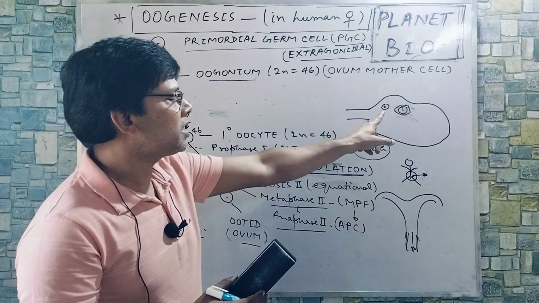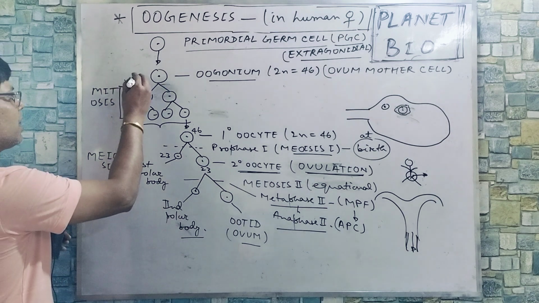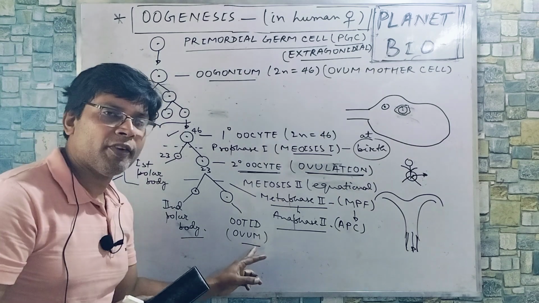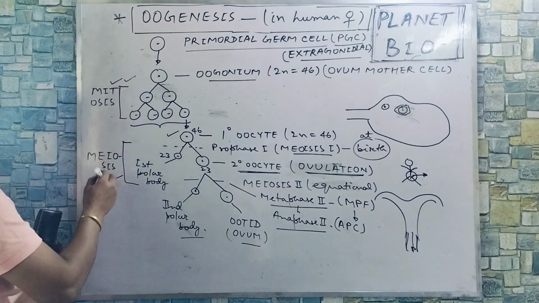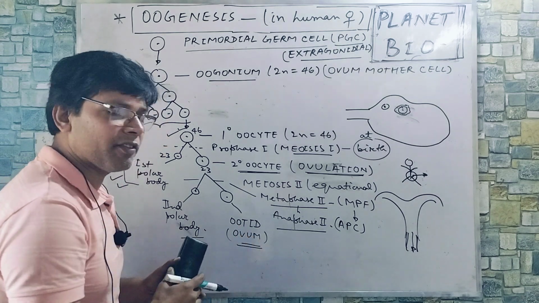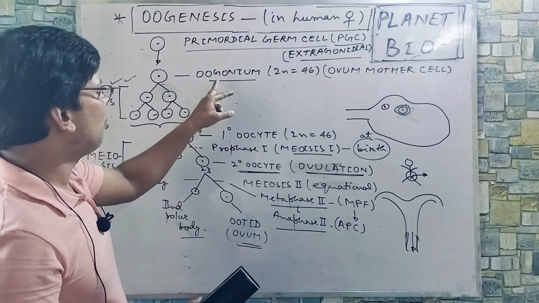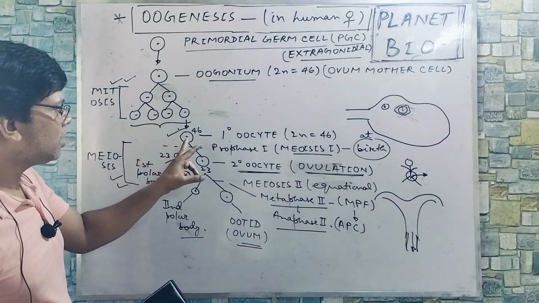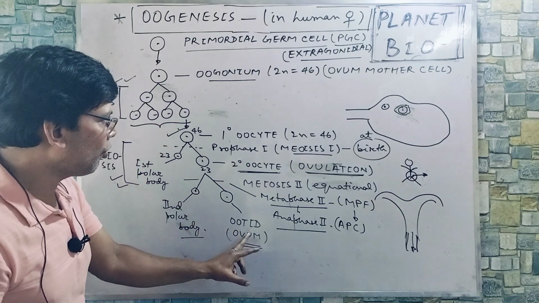This PGC gets settled here and is now called oogonium. First mitosis occurs, then growth phase, then meiosis or maturation phase. So only 3 phases are there: multiplication phase, growth phase, and maturation phase. Oogonium is diploid, mitosis occurs repeatedly, primary oocyte is formed, then secondary oocyte, then ootid.